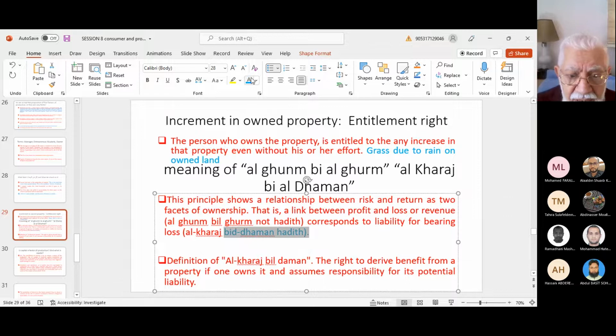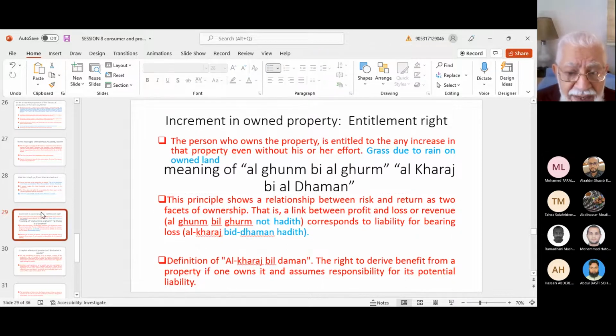This B that connects the two words is a B of association, not a B of causality. Many people wrongly think that al-ghanm is caused by al-ghurm. It is not caused. Risk cannot create profit by all means.